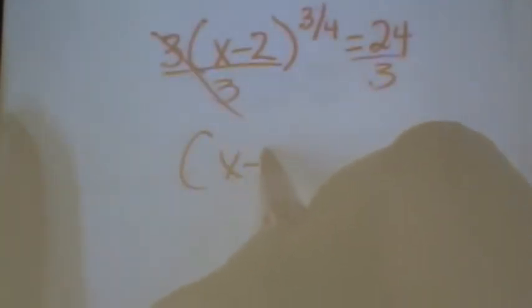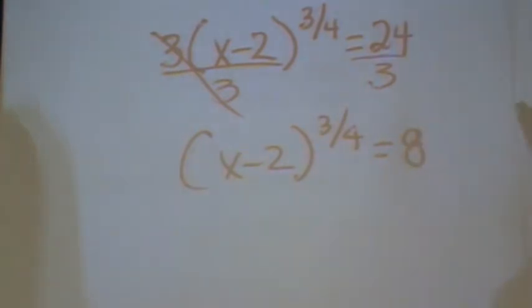So you get x minus 2 to the 3/4 power equals 8. Now what? Yep, I'm gonna multiply this by, or raise it to the 4/3 power. So you end up with x minus 2 equals, I need to do this problem.